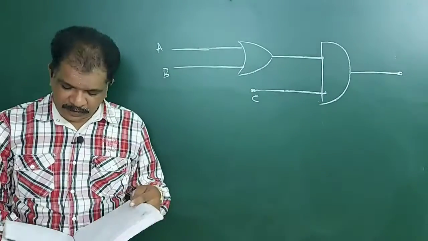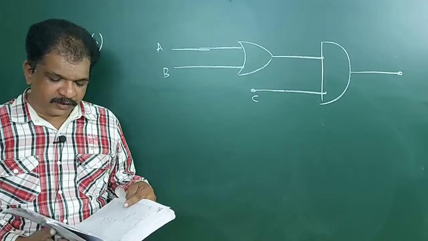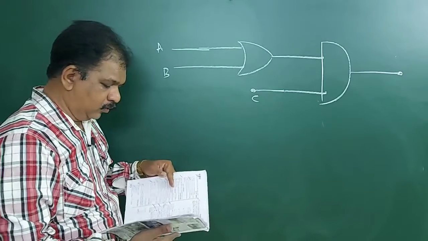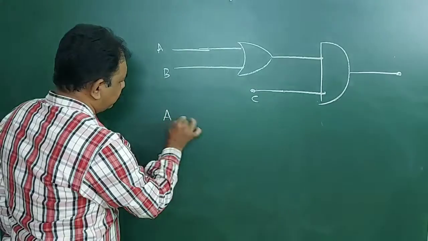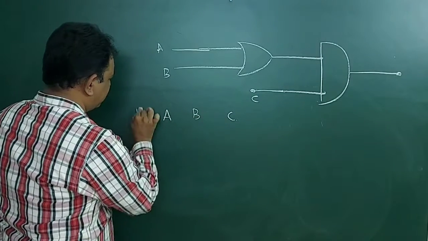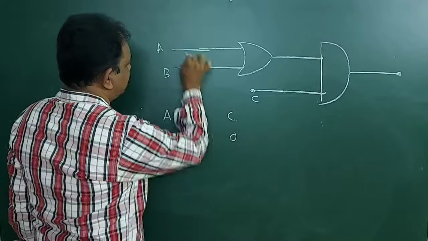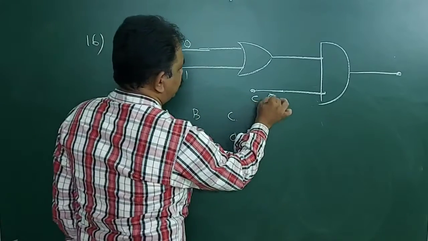You have to check the options. So the first option they gave is 0, 1, 0. Check it.